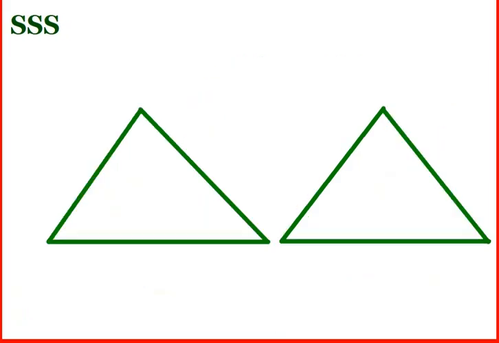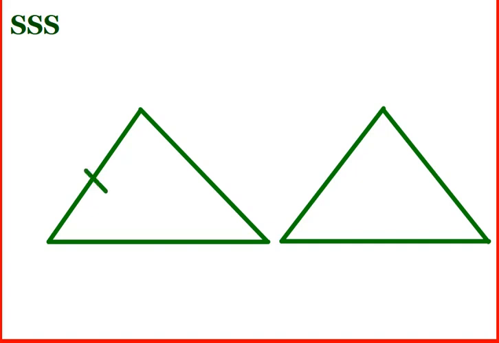Let's have a look at the second condition, which is the side. If three sides of a triangle are equal in length to corresponding sides of another triangle, then those two triangles are congruent.